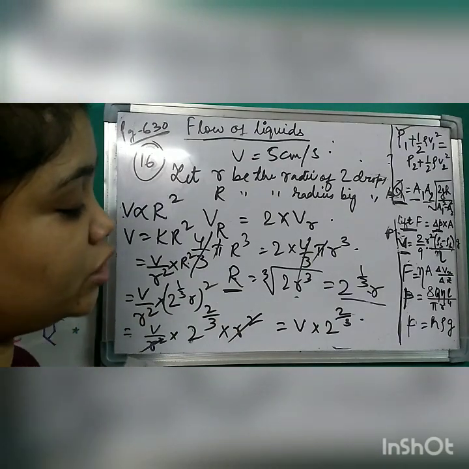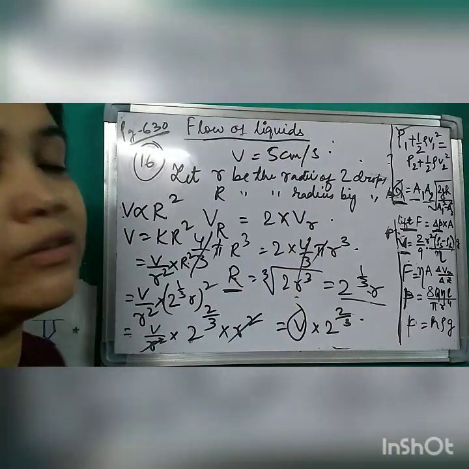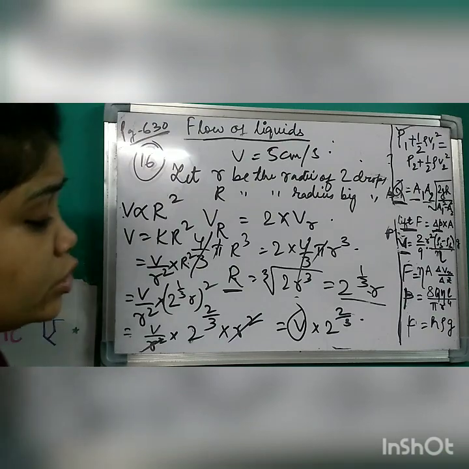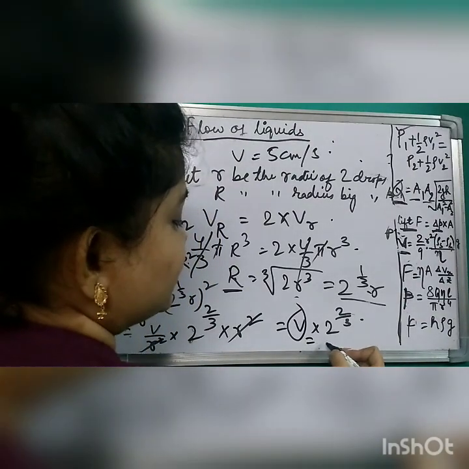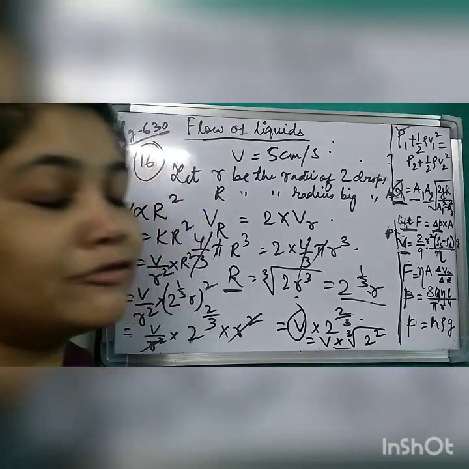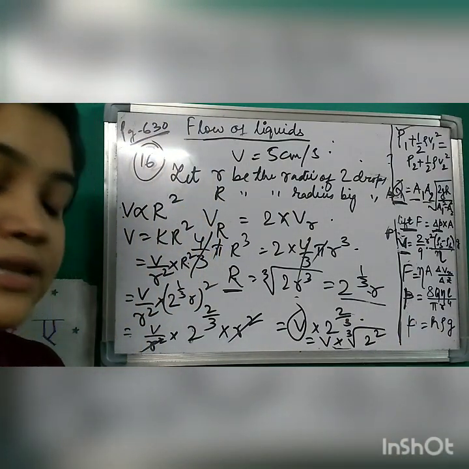You know the value of V. V is given as 5. Just put it, solve it and get the answer. Basically you will get V into the cube root of 2 square, that is the cube root of 4. So just put the values, solve and get the answer.